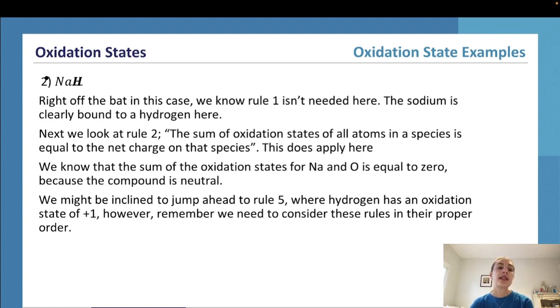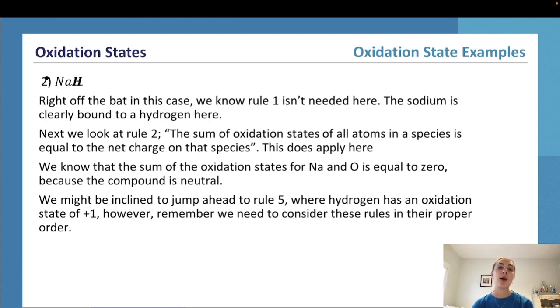So we would say that sodium is going to be +1, and so if sodium is +1 and we want the entire molecule to equal 0 for its charge because the compound is neutral, we know that the sum of the oxidation states for sodium and hydrogen is going to have to add up to 0.